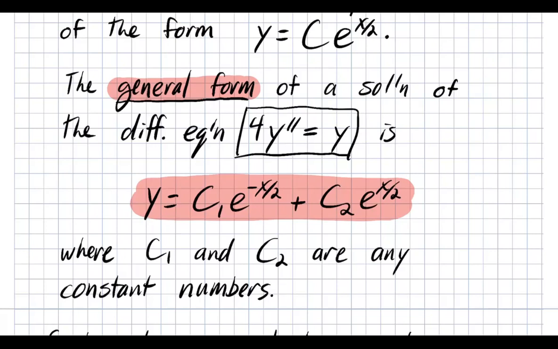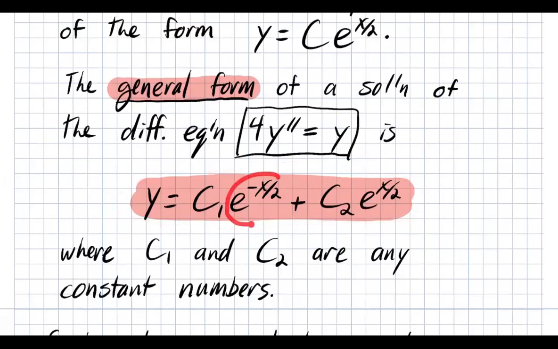In this way, we can obtain what's known as the general form of the solution. So what do all possible solutions of this differential equation look like? They all look like exactly this.